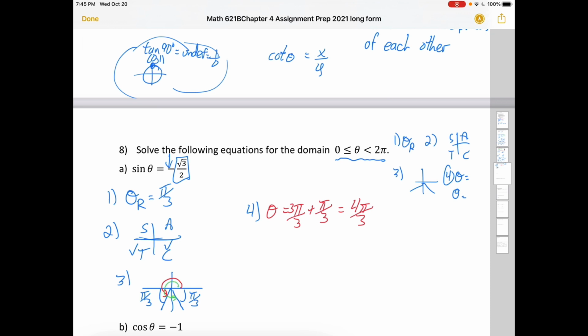If I were doing this in degrees, I'd think it's 360 degrees minus a bit. Well, let's just do that in radians. That would be 2 pi minus that pi over 3. Again, we need a common denominator, so 2 is 6 over 3, and that gives us 5 pi over 3. Those are our 2 answers in this domain.